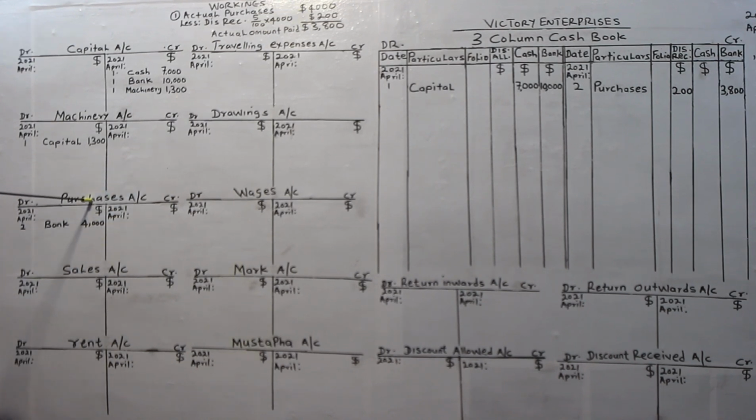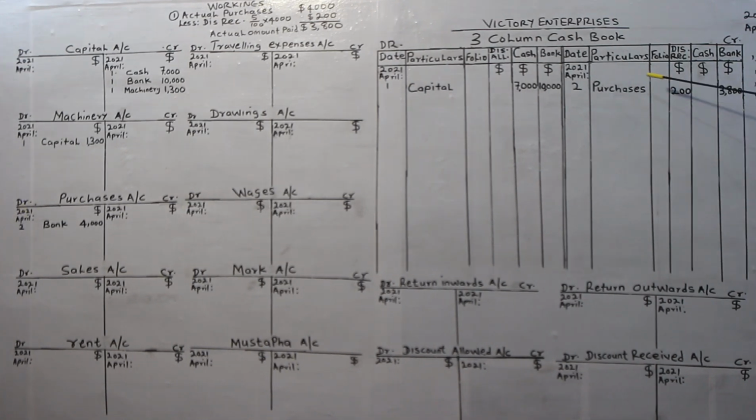So we debit the purchases account with $4,000 that the bank account gave out for the purchases on April 2nd, 2021. And the cash book or the cashier is credited with $3,800 given out for purchases, 200. The 200 discount will be shown under discount received column.